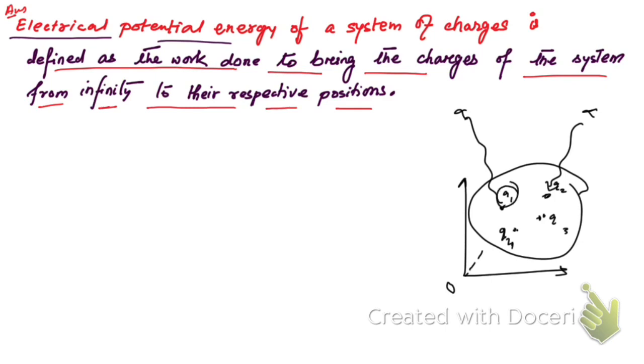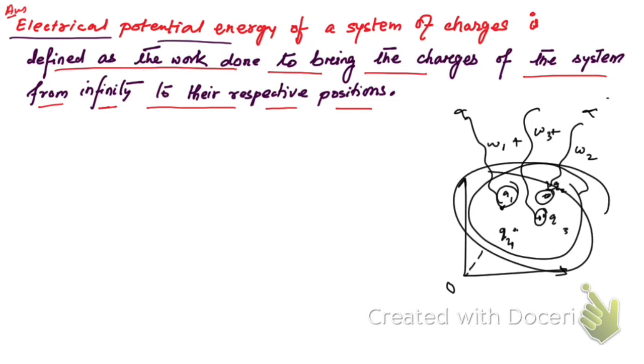Suppose for q1 we have done w1 work, for q2 w2 amount of work, and for q3 we have done w3 amount of work to bring it from infinity. Then the sum of all those work done is going to be the electrical potential energy of the system of these charges. Okay, so hope you have understood this.